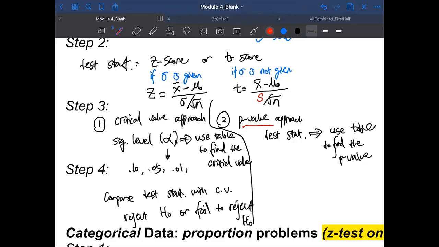The second option is that the p-value is a probability. If it's a probability, that means it's going to be between 0% and 100%. What do you think? Is it going to be a test statistic or a probability?